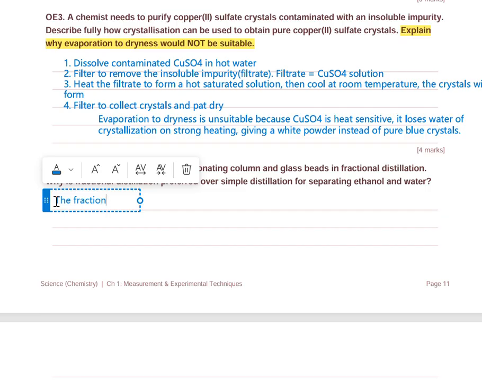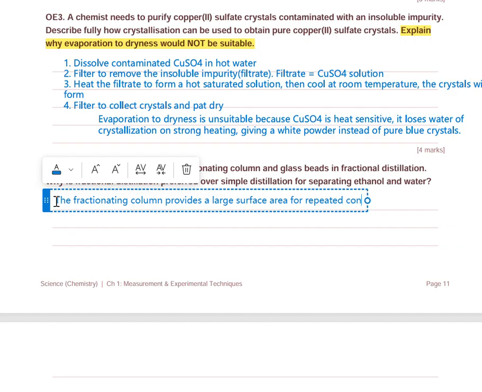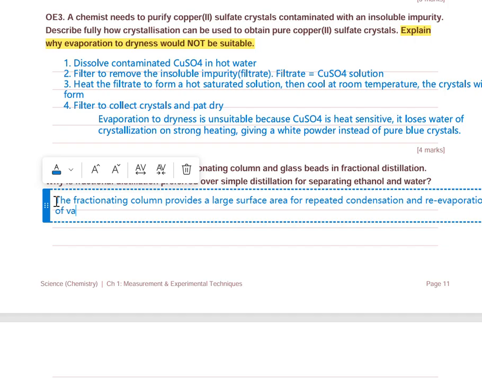The fractionating column provides a large surface area for repeated condensation and evaporation of vapours.